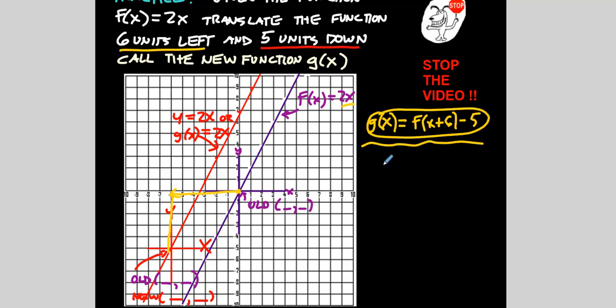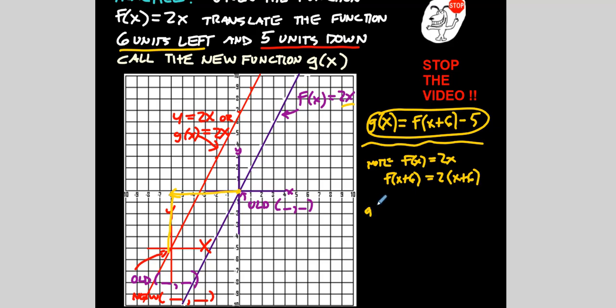The second way: note that f(x) is 2x. Therefore, f(x + 6) is 2 times the quantity x + 6.